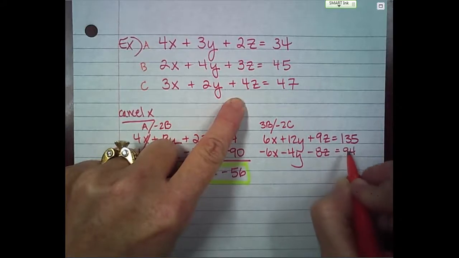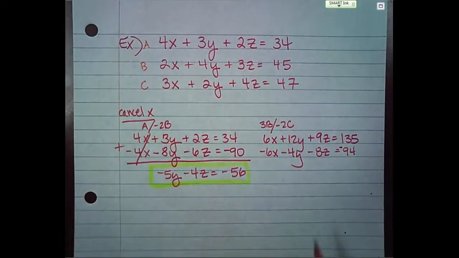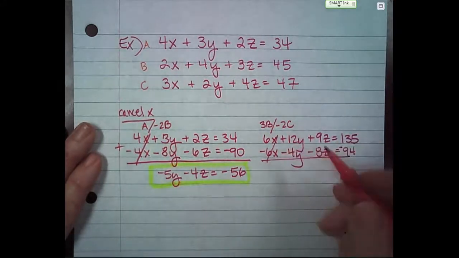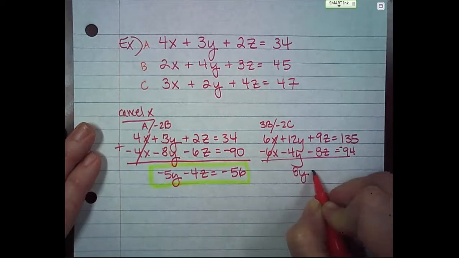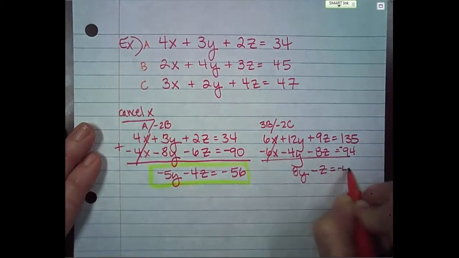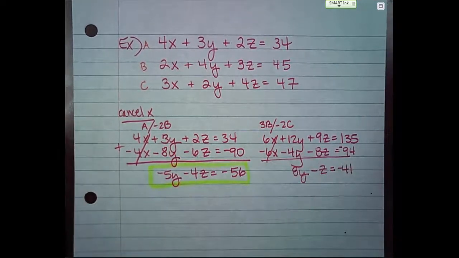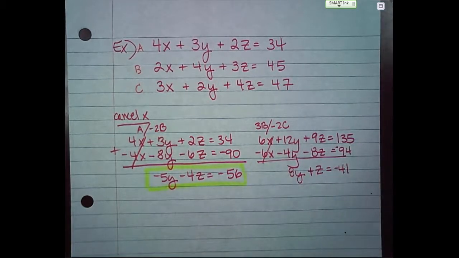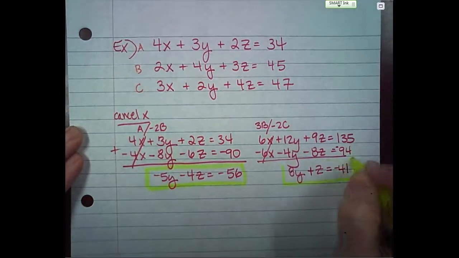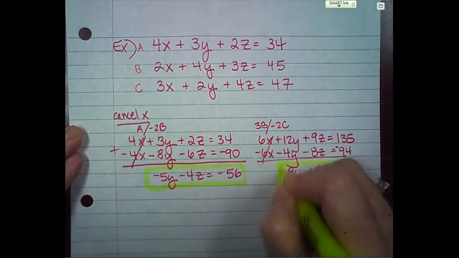The x's cancel. 8y minus z equals negative 41. Thank you. See? One mistake. But if it's nice and neat like this, you can go back and search for your mistakes. There's my 2 boxed answers.